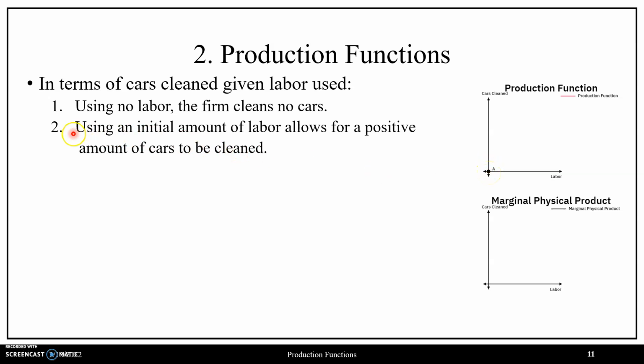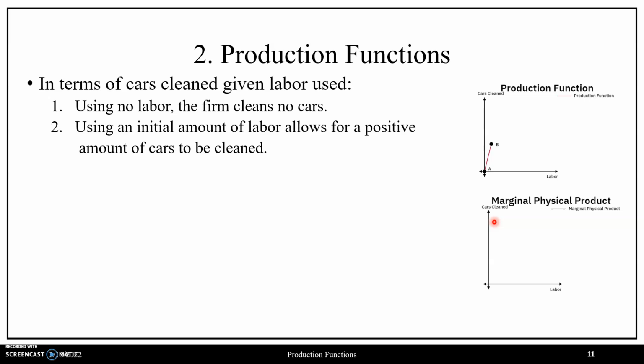Then moving on, if the firm decides that it wants to bring an initial person on board to help them with the car cleaning business, then this will allow for some positive quantity of cars to be cleaned, which we can represent with point B. A positive amount of labor is being used, so a positive amount of cars is being cleaned, as we can see with point B. So then what this means in terms of the marginal physical product, the rate of change of production, since 1 unit of labor has been brought on board, that means some quantity of cars is being cleaned.